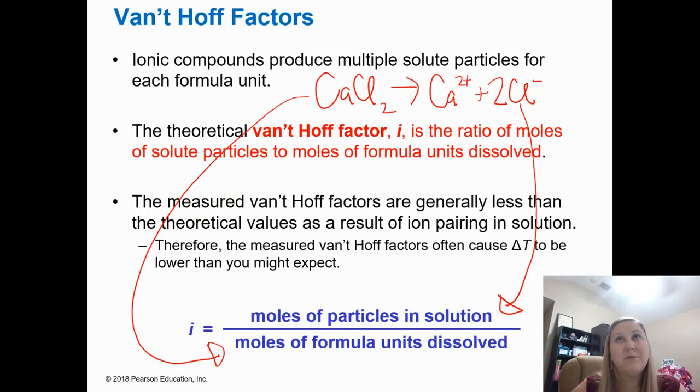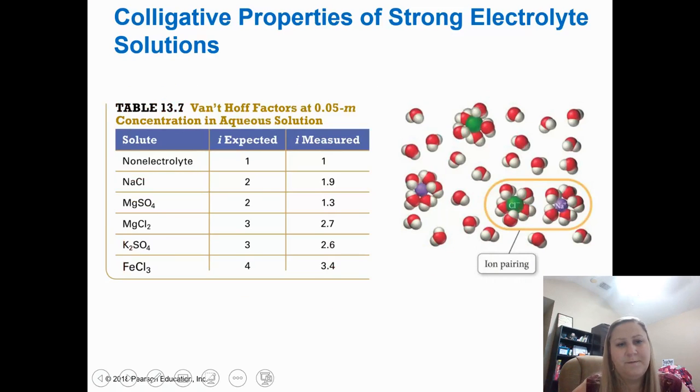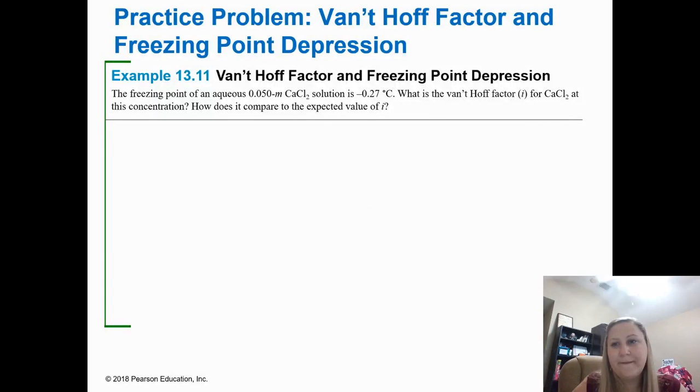This is also something I'm not going to test number-wise, but you need to know the gist of it. They're not always the same as what we expect because the calculation isn't as easy as the one we just did, but it gets you pretty close. Calcium chloride is the example.